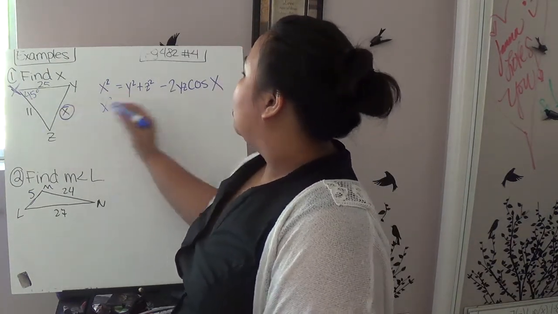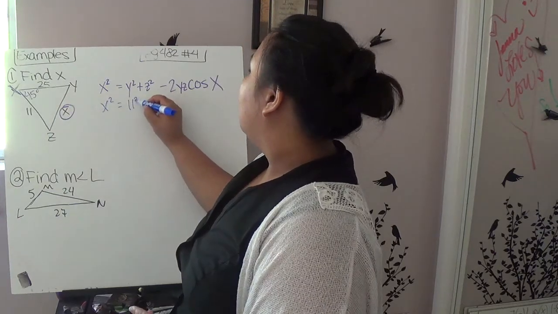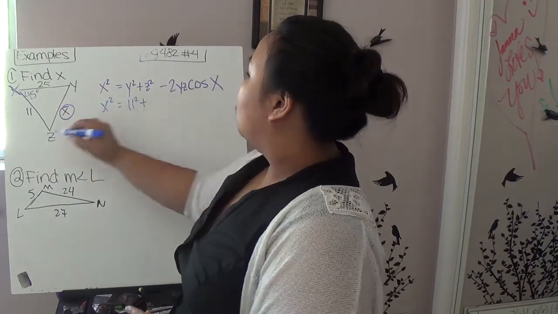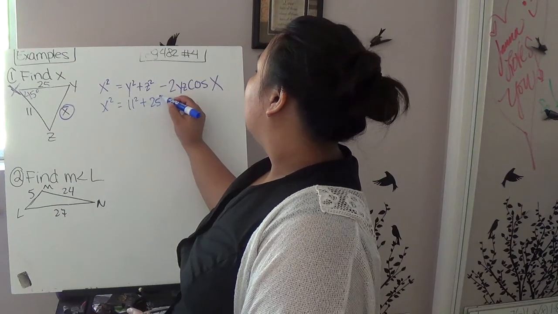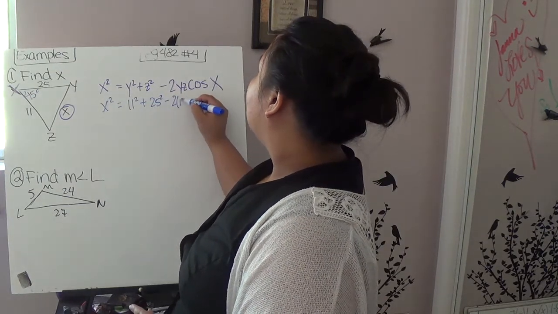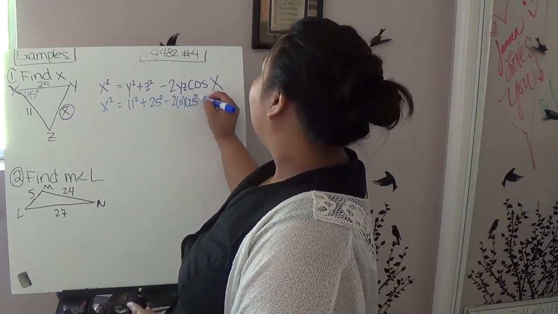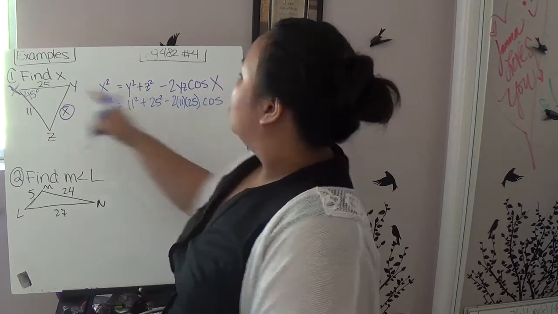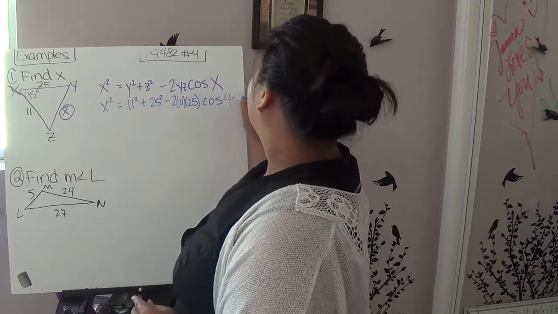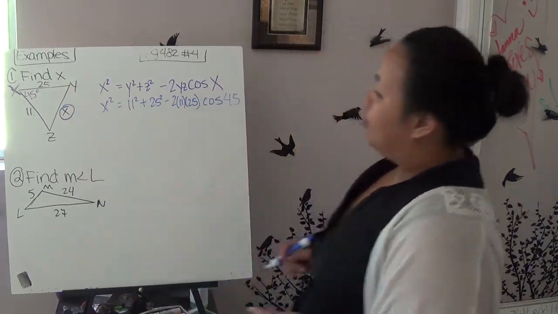Y squared is the opposite, which is 11 squared, plus z squared, which is 25 squared, minus 2 times 11 times 25 cos of angle 45 degrees. Right?